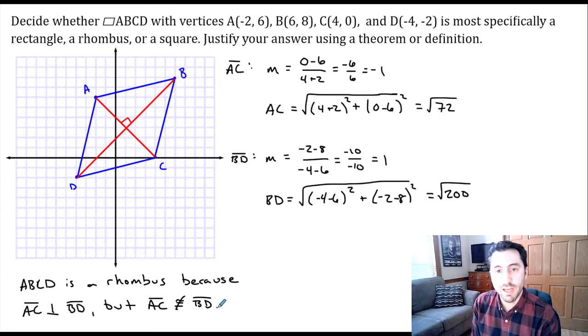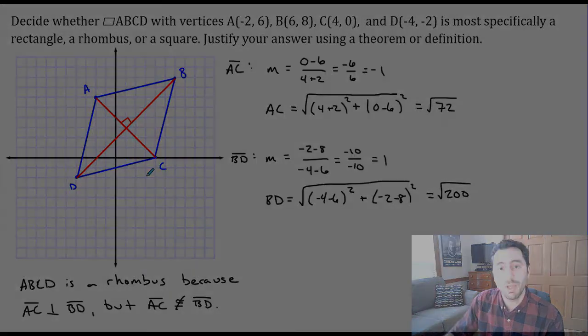So because the diagonals are perpendicular, that gave us a rhombus. Because the diagonals did not have the same length, we know it's not a rectangle, which also means that it can't be a square. So our parallelogram is a rhombus, and that's how we can use these different theorems or corollaries to justify a special parallelogram in the coordinate plane.